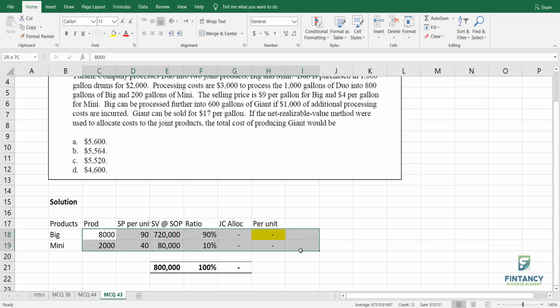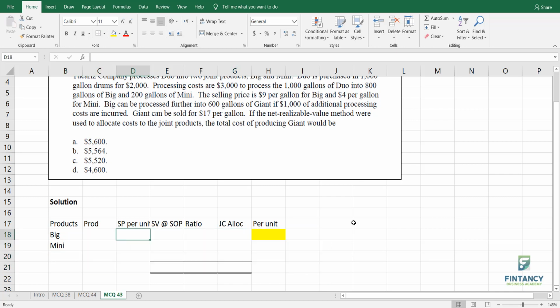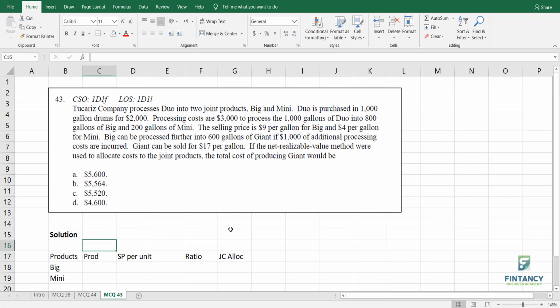Let me remove these. So they are saying the total cost, right? So I don't need per unit also. Okay, so big and mini, yeah. So they say that the raw material is purchased in 1,000-gallon drums for $2,000.